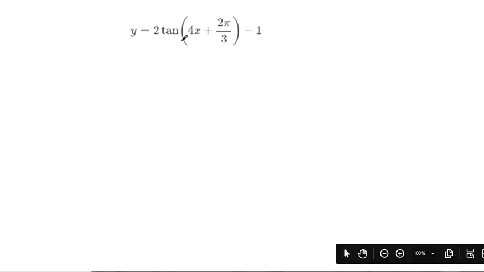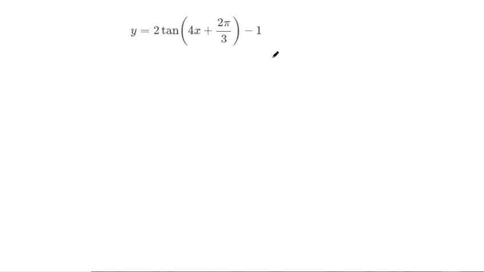So if we need to graph something more complicated here, we can stick with the same strategy. We can find the asymptotes first. And the asymptotes happen when we're having a divide by zero problem. Right, so 2 tangent of 4x plus 2 pi over 3. Let's focus on this here. And let's try to find out what's going to cause a divide by zero error.